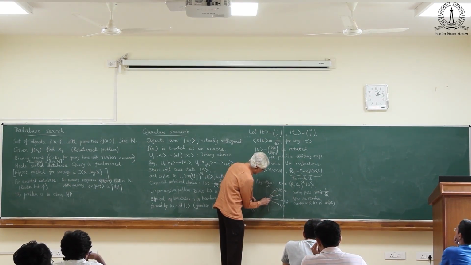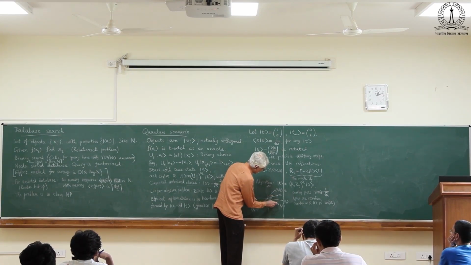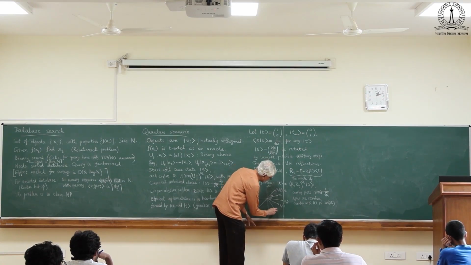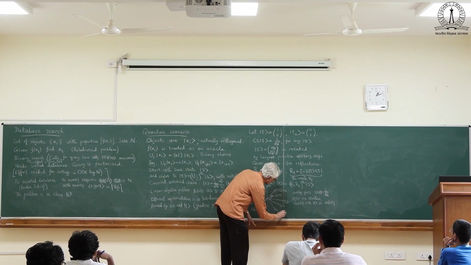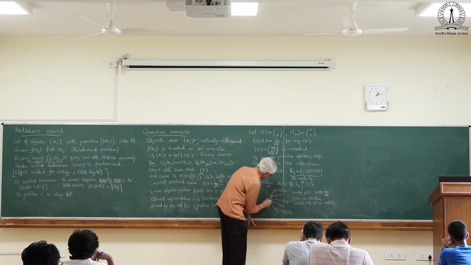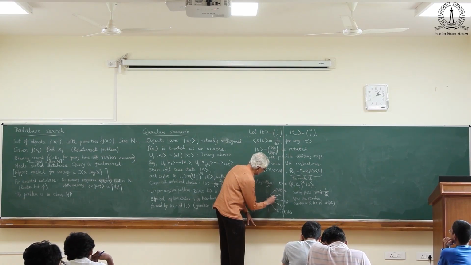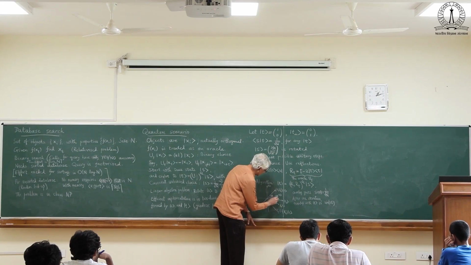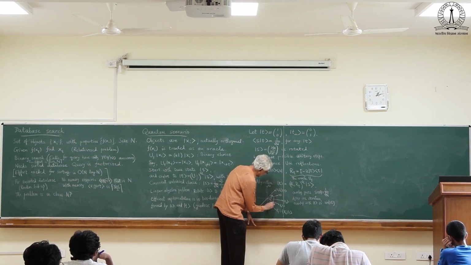Instead of 3 theta being on this side, I will get a new vector which is RT acting on minus RS RT on S, where the angle between S and this is 3 theta.